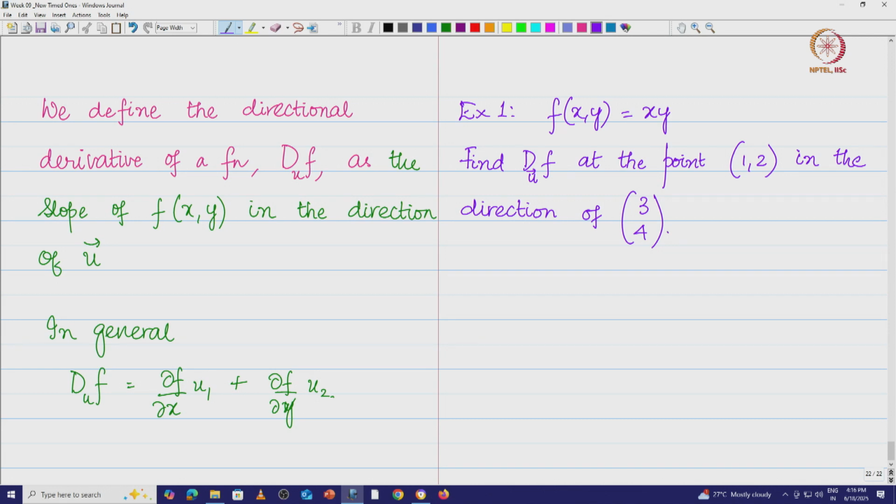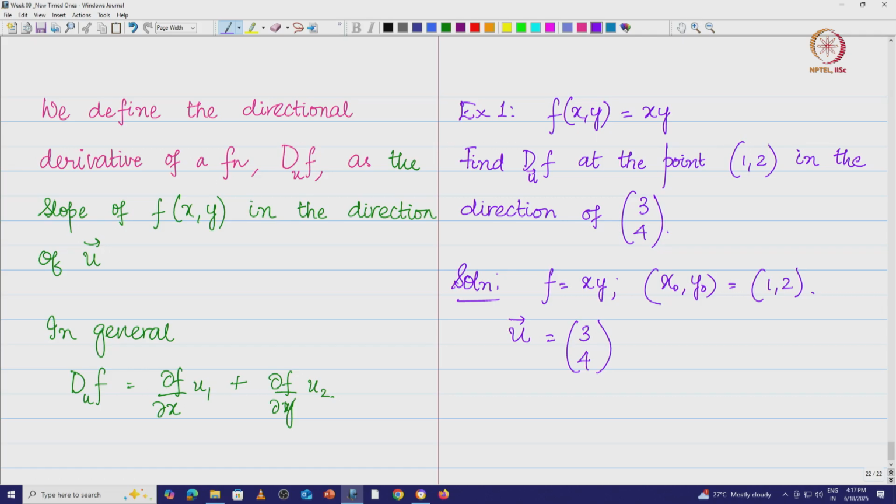So, first of all we must understand, how do we do this? First let us figure out what are all the numbers that we have. Let us write it out clearly. f is equal to xy, then x naught comma y naught, the point from which you are going to look, is 1 comma 2, then the u vector that you have is 3 4.